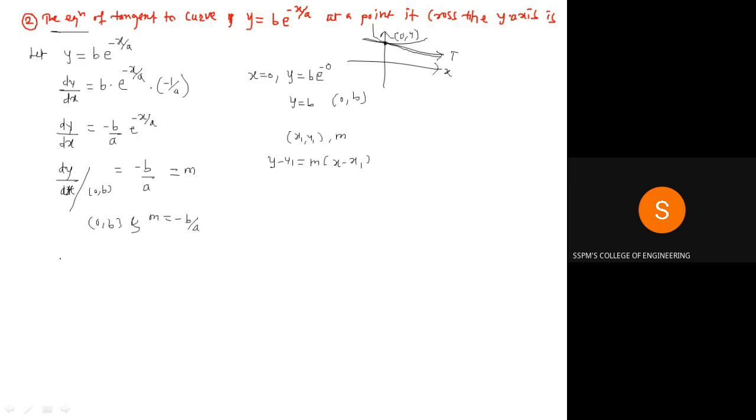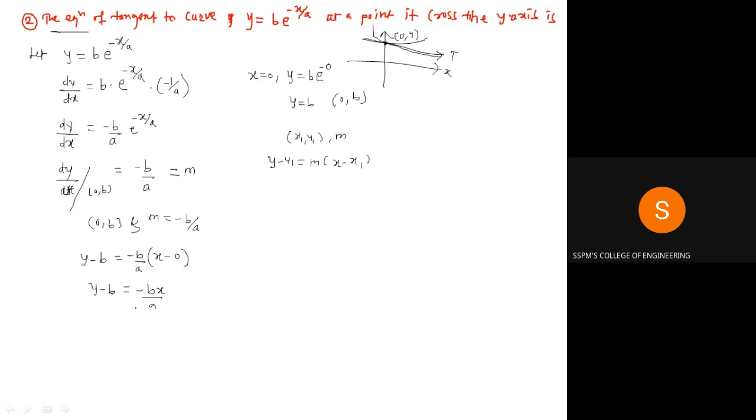So by using the slope point form, y minus y1, where y1 is b, equals m times x minus x1. So m is the slope, and what is that slope? Minus b by a into x minus x1, that is 0. So y minus b equals minus bx upon a.